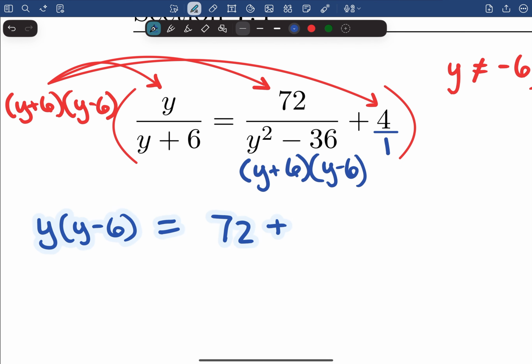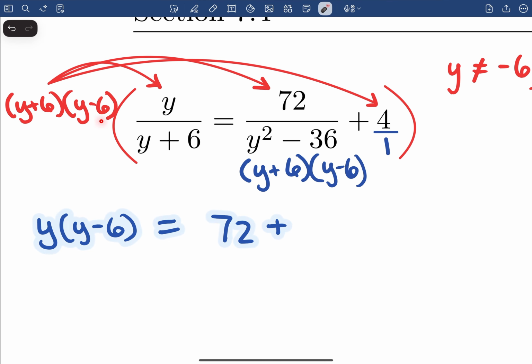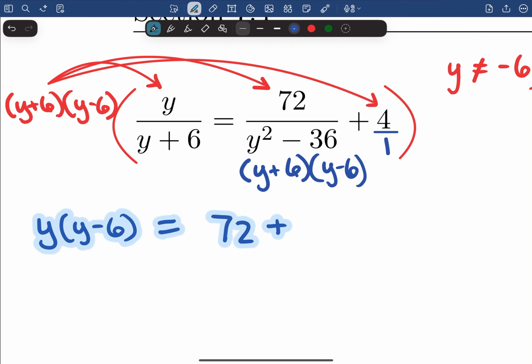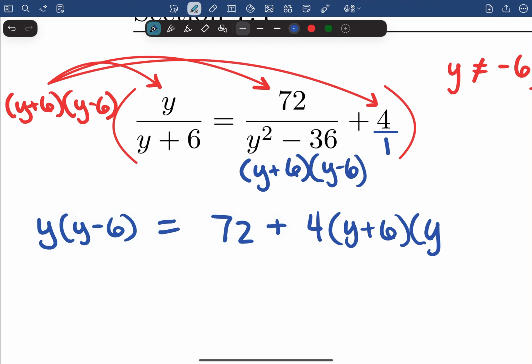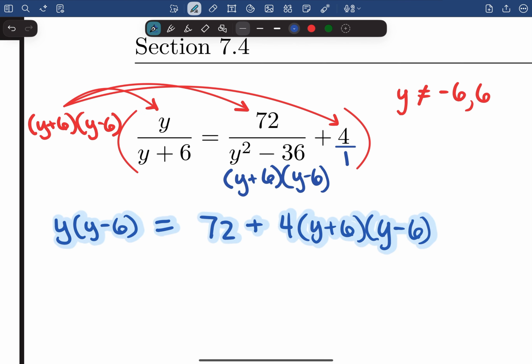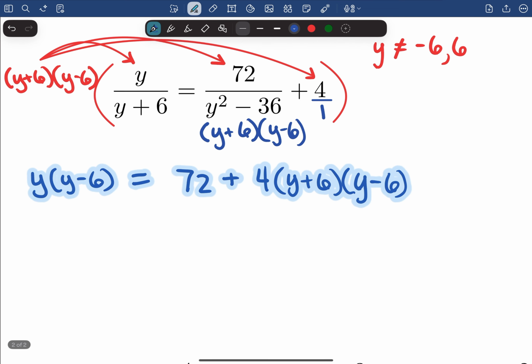And next I'm going to multiply in the LCD into this plus 4 over 1. Now, nothing from the LCD cancels in the denominator here, so I'm going to multiply this 4 by both of these factors. Okay, so I get a 4 times y plus 6 times y minus 6. Like that. Great, so this is the resulting equation.